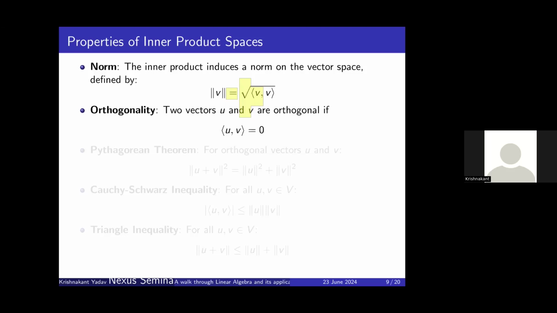If and only if this condition is satisfied, the vectors are called orthogonal.